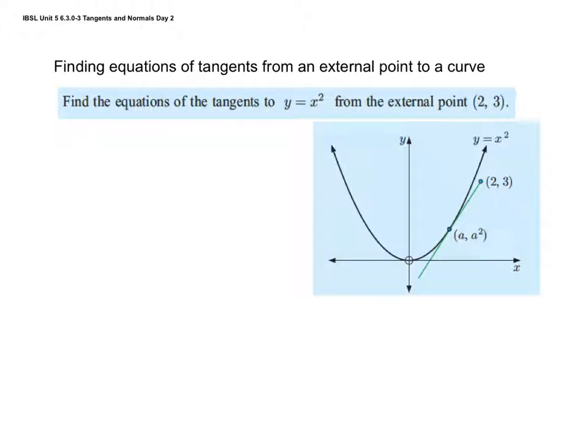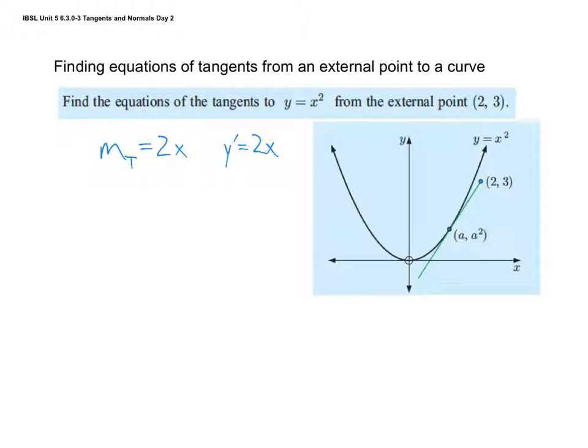Alright, so what's one way of getting the slope of the tangent line? The derivative. So, y prime equals what? 2x. So when x is a, what's the slope of our tangent line? 2a.